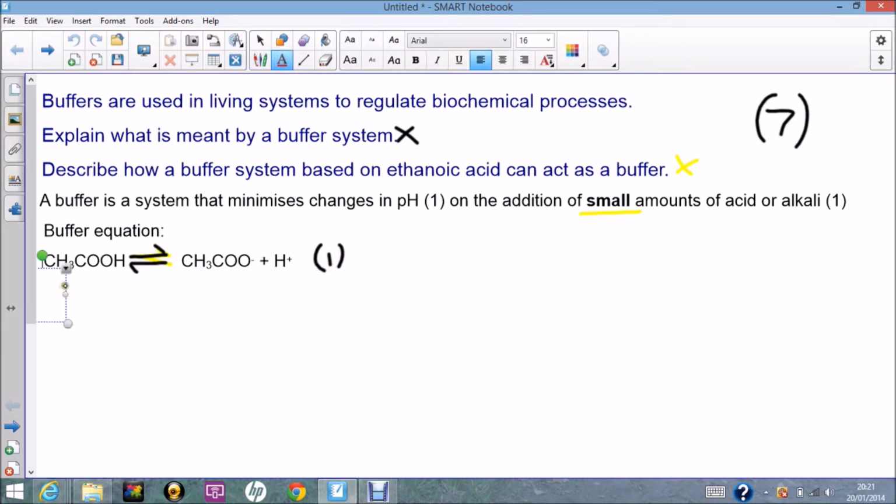So I'm going to talk about how it actually works. So if we add acid, what we're actually adding is H+. And then if you think to yourself, what does H+ react with? So look at your buffer equation. H+ is here, it's going to react with the ethanoate ion.